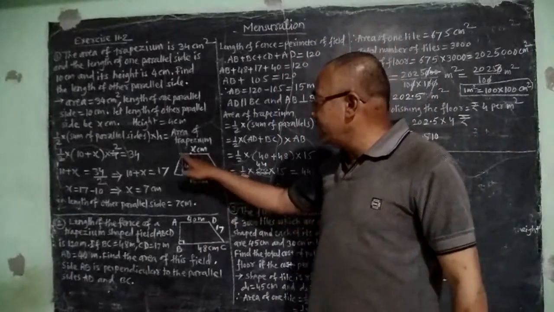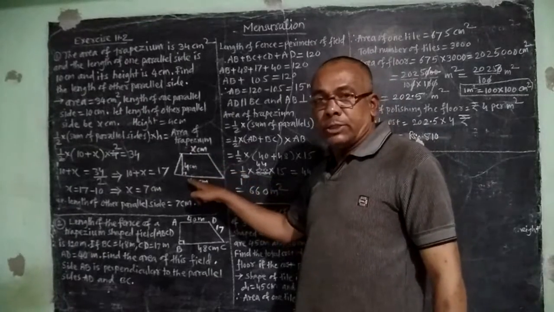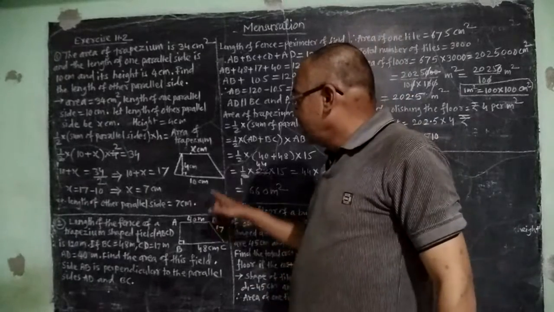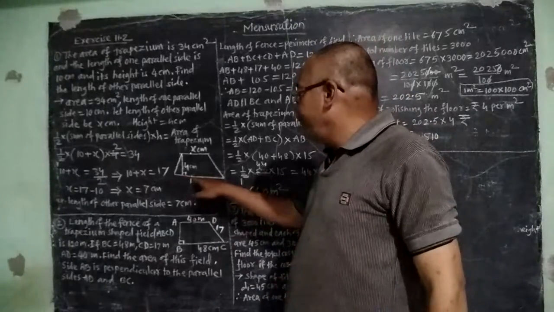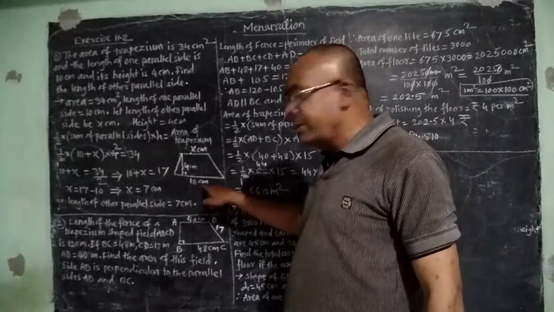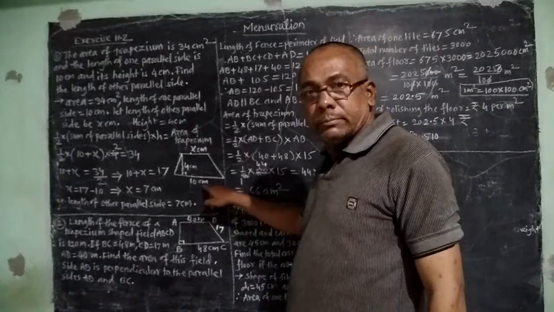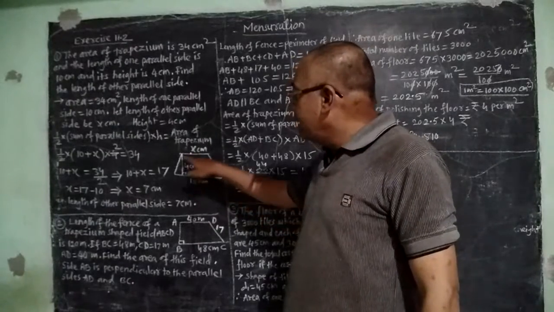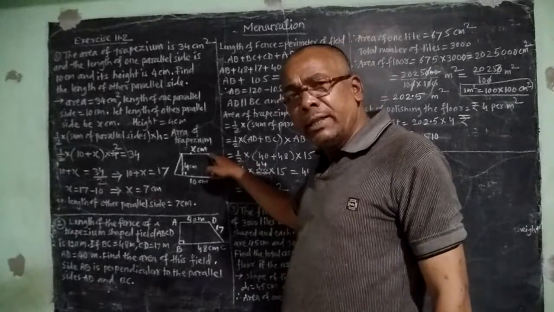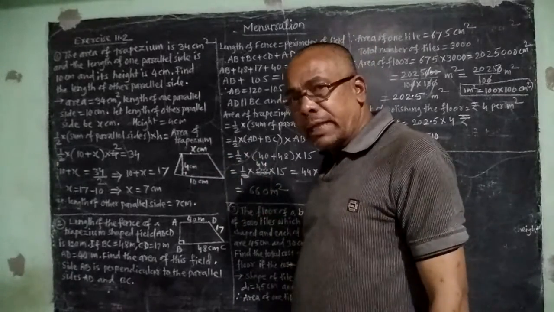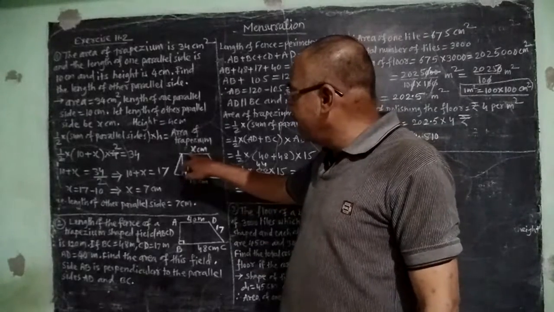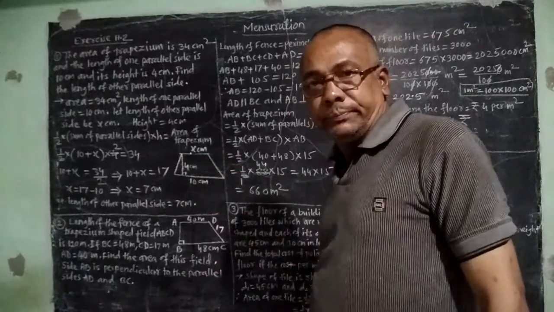Here if we consider this trapezium that is shown in the figure, it is given that the length of one parallel side is 10 centimeter, but the length of the other parallel side is not given. We have to find the length of the second parallel side. For instance, we will suppose the side length is x centimeter.